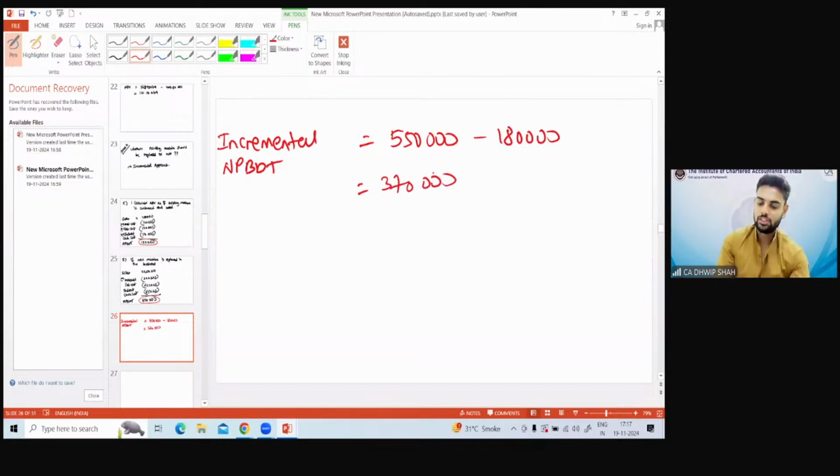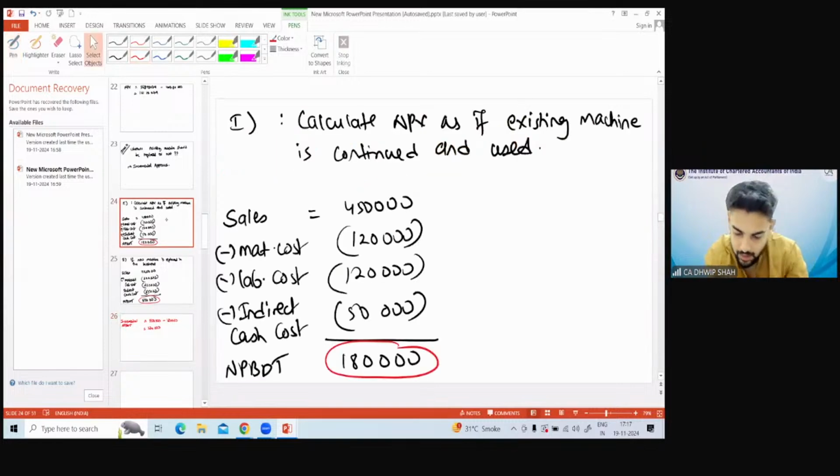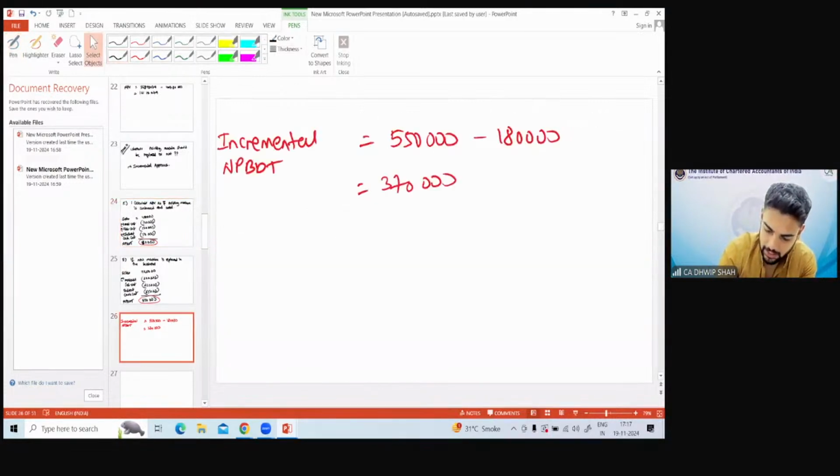Bolo, any doubts still here, friends? This is 160. 450 minus 290, yes, 160. This is not 180. This is 160. So my incremental benefit would be 550 minus 160, 390. Bolo, any doubts still here?